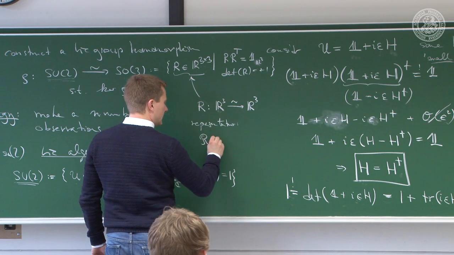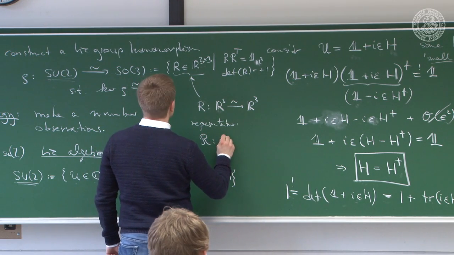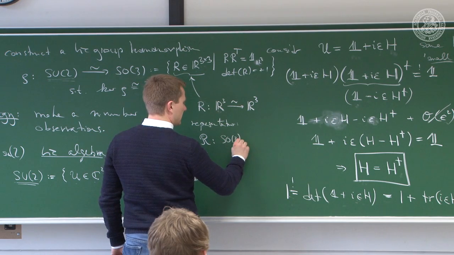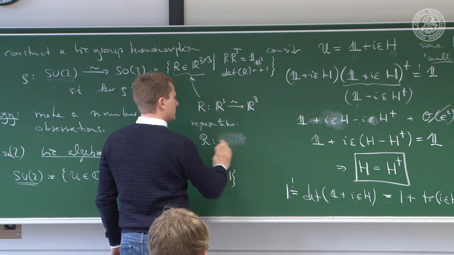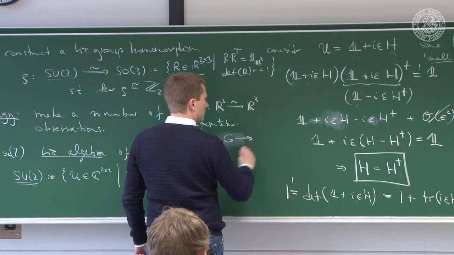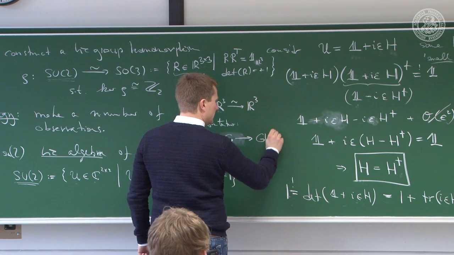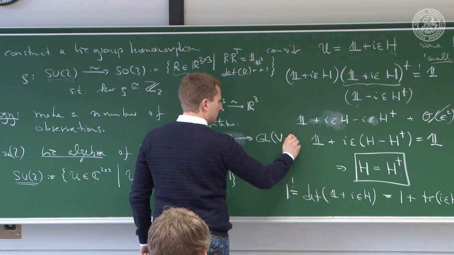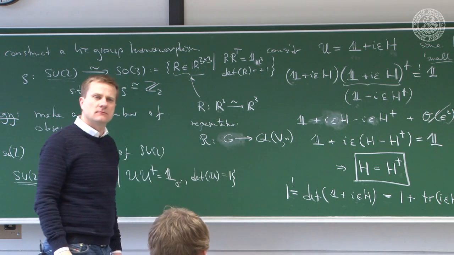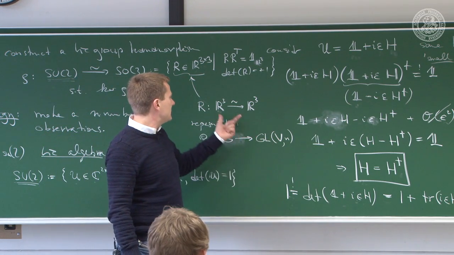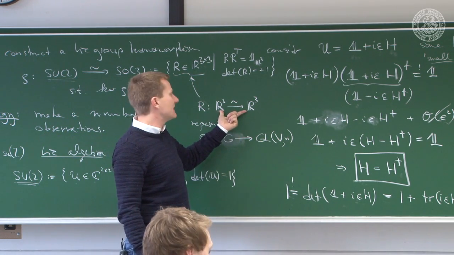A representation of a Lie group, in this case SO3, was a map from the Lie group into the general linear group over V of some dimension. And so general linear means it's all the linear maps that are invertible.